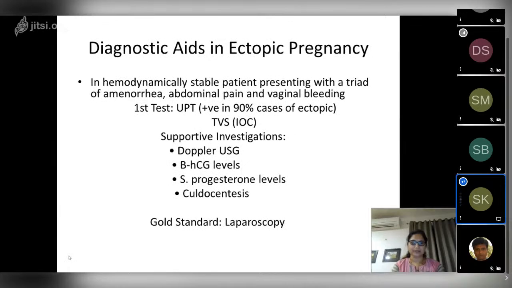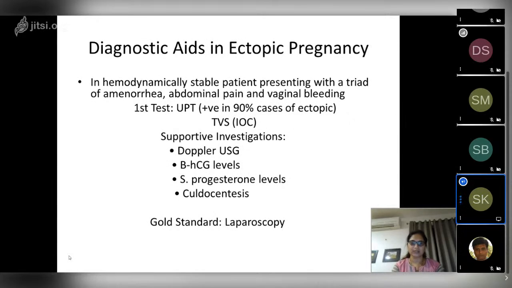Just to brush up the last slide which we did in the previous class, we had stopped at the point where we discussed the diagnostic aids in ectopic pregnancy. So quickly, I'll go through this slide once again because the next few questions are based on this. The diagnosis of ectopic pregnancy is always based on a very important point, that you always have to have a very high suspicion of ectopic pregnancy.